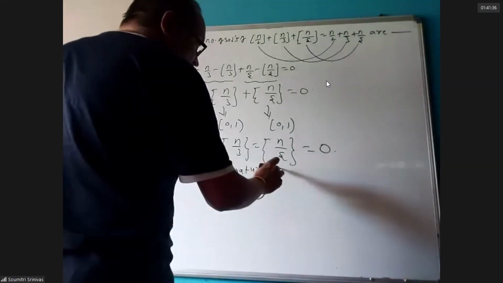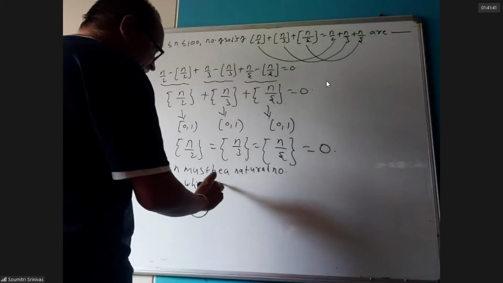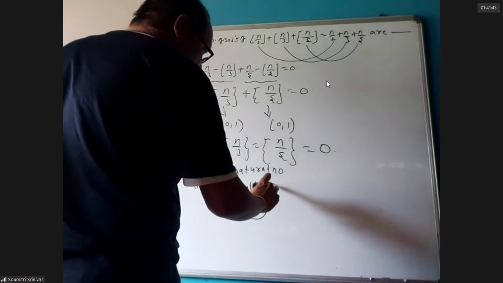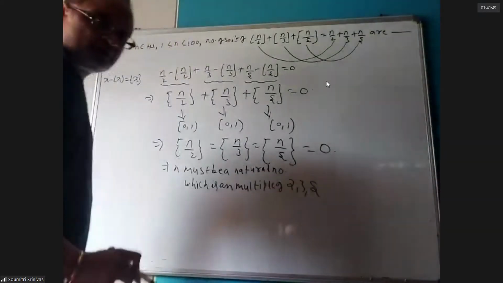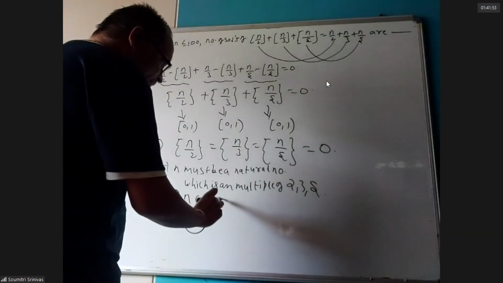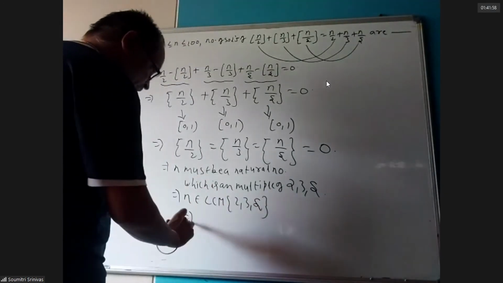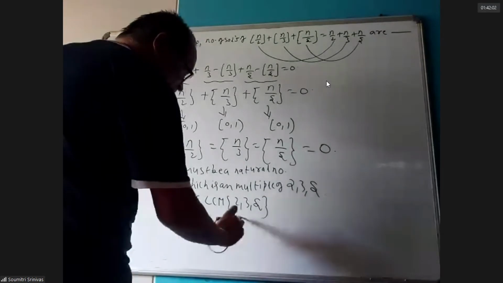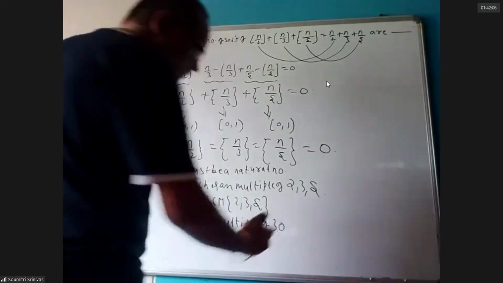That means n should be a multiple of the LCM of 2, 3, 5, which is 30.